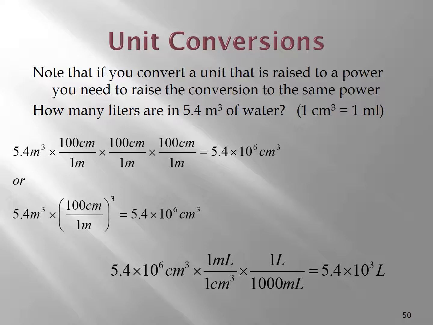So now, once we know that there's 5.4 times 10 to the 6 centimeters cubed, and we know that 1 milliliter equals a centimeter cubed, that would give us 5.4 times 10 to the 6 milliliters. And now if we want to convert to liters, then we have to divide by 1,000. So 5.4 times 10 to the third liters.